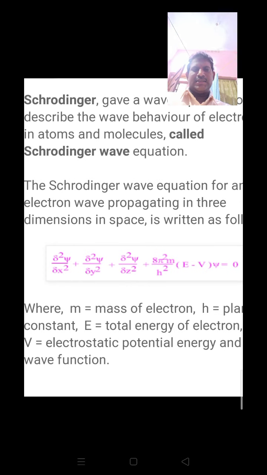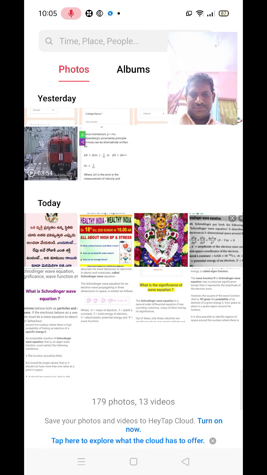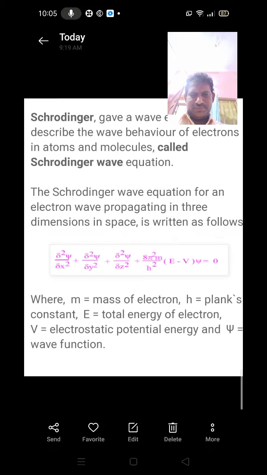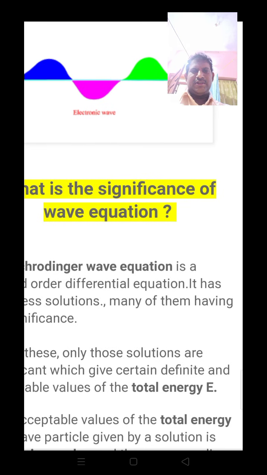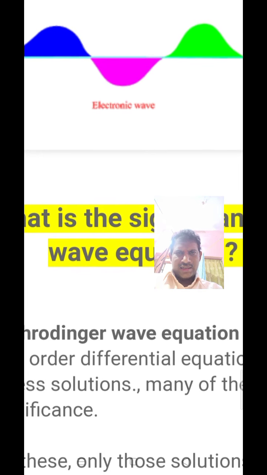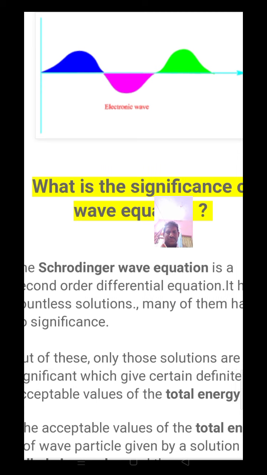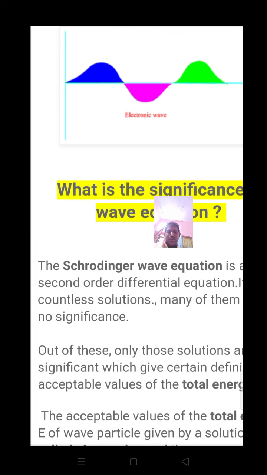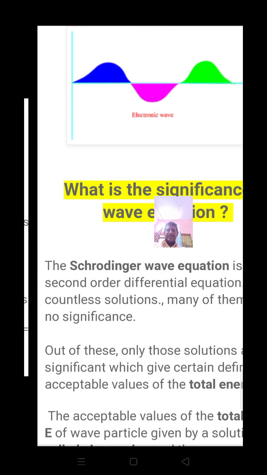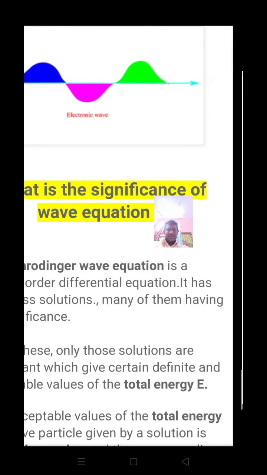Now let us discuss the significance of psi and psi square. In this diagram, it represents the electronic wave. The Schrodinger wave equation is a second order differential equation.